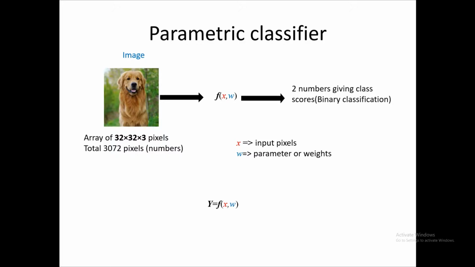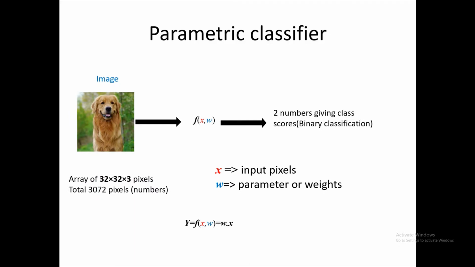And if we look at the very simplest form of this combination of w and x, we can just write it as the product of w and x, or w times x. We can also add another term, b, which we call the bias, and it is a constant vector.